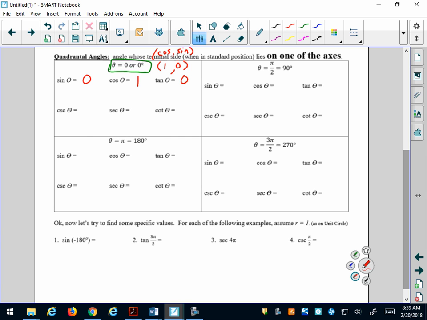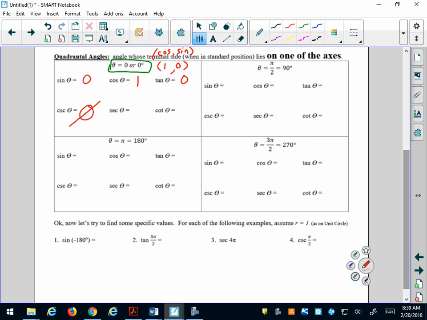Cosecant, you have to do the reciprocal of sine. So 1 over 0. You can't have 0 in the denominator of a fraction, right? That blew up everything every time. Asymptotes, we got all sorts of issues when we got a 0 in the denominator of a fraction. So cosecant does not exist.